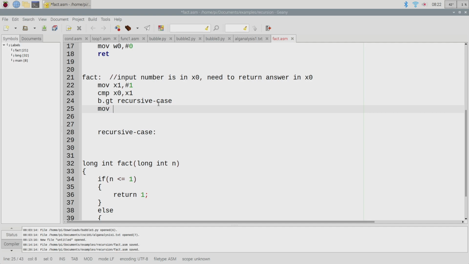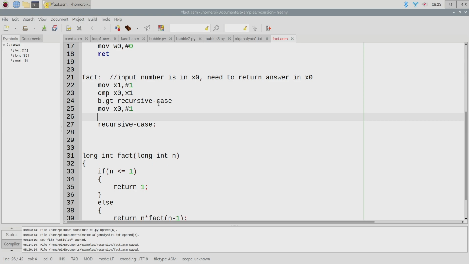So we just need to move the contents of x1 to x0. Or we could have also done this. Either way. In fact, I'll just leave it like that. So this is the base case.